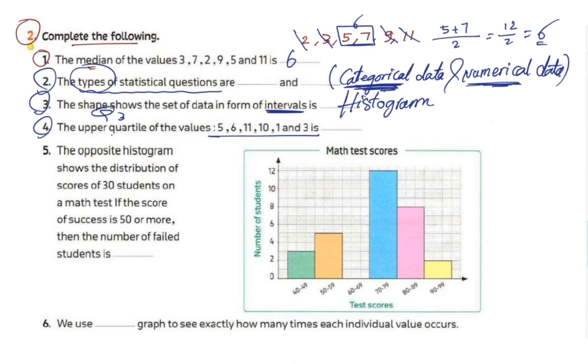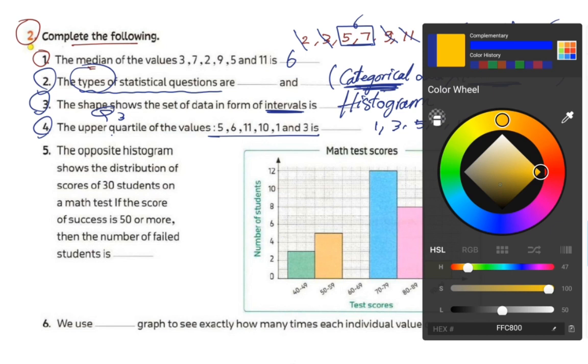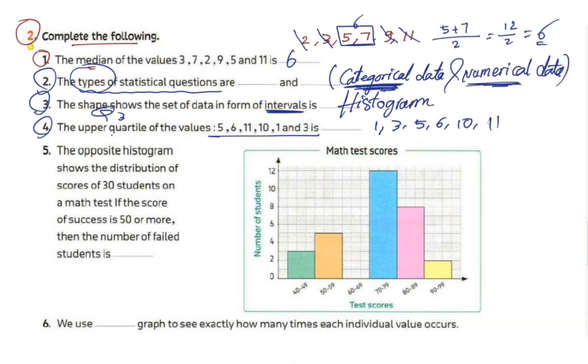Of course, I will start by arranging them ascendingly: 1, 3, 5, 6, 10, and finally 11. Delete one from right, one from left. You find two numbers here. In between them, in between 5 and 6, what is in between 5 and 6?